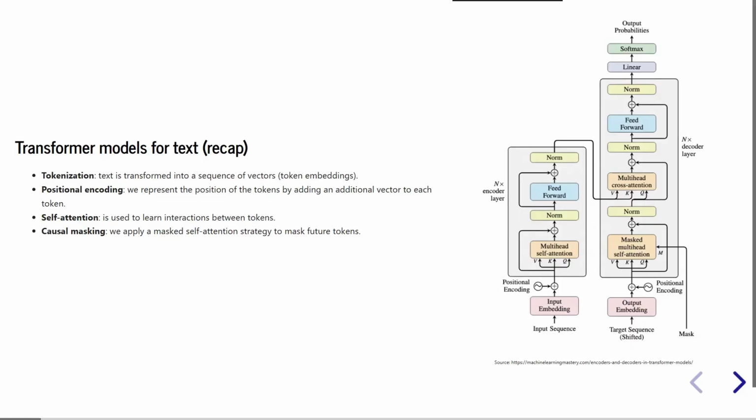The decoder is finally responsible for generating the output token via a next token prediction objective. We also usually apply a masked self-attention strategy to mask future tokens and make sure that the transformer predicts them without using any information from them.